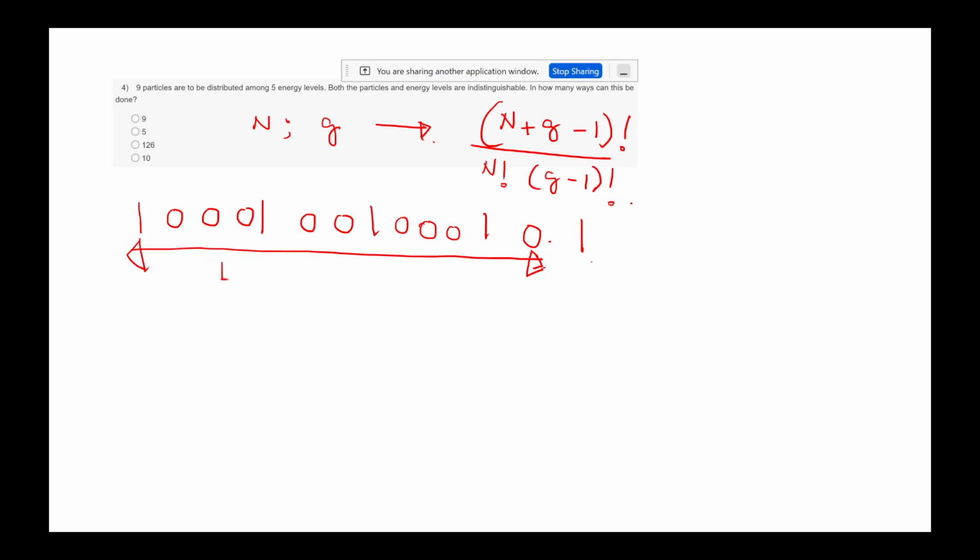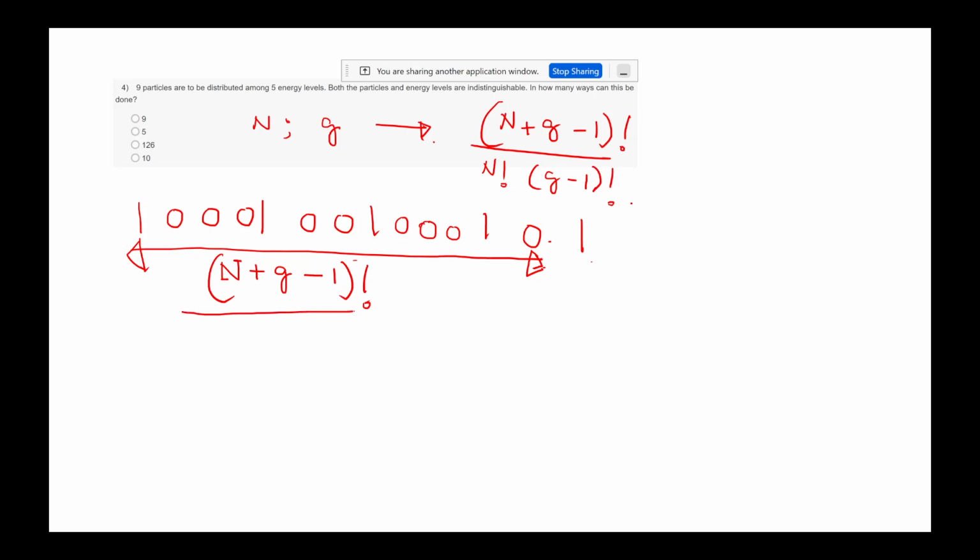So if there are n particles and g energy levels, there would always be this way, because one object you have to keep fixed, right? You have to take a reference. So this is the way you can possibly arrange.